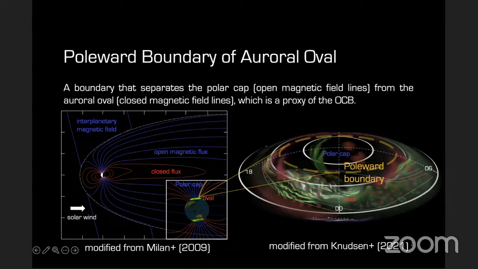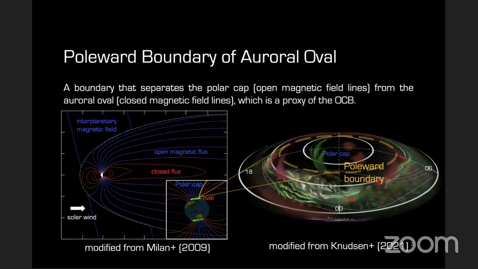So this is a cartoon of magnetic field lines in the Earth's magnetosphere. Closed magnetic field lines form loops within the magnetosphere, while open field lines extend outward, connecting to the solar wind and the IMF.